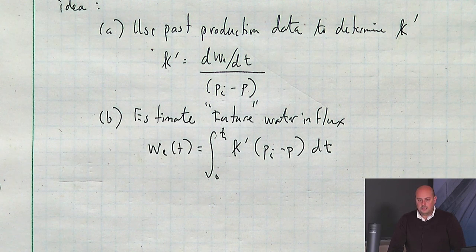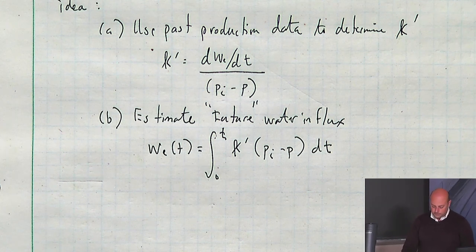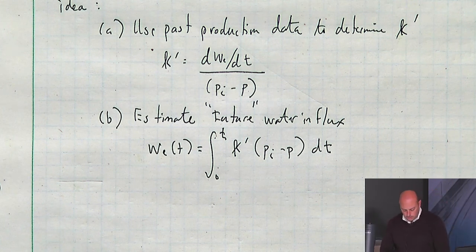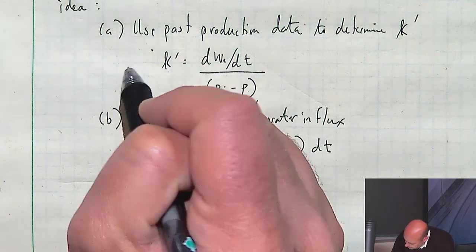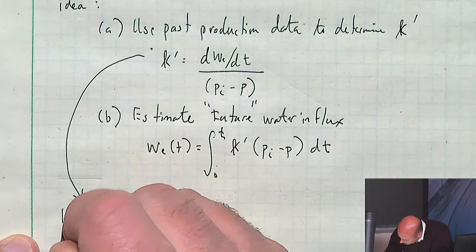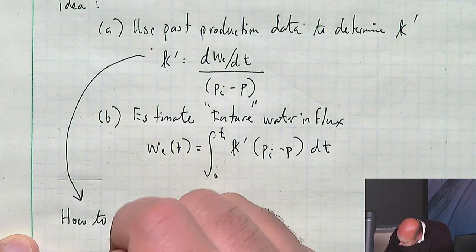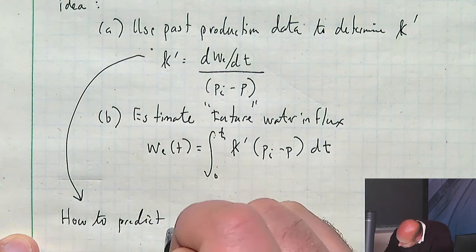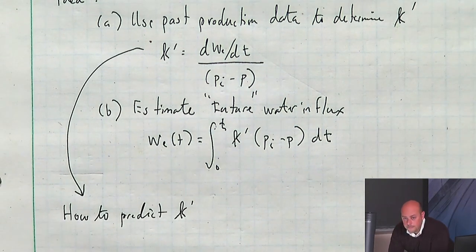You might be able to make some estimations or predictions about it. And then this integral may not be able to be done analytically, so you'll have to use numerical approaches like the trapezoidal rule. So going back to over here, how to predict K prime.